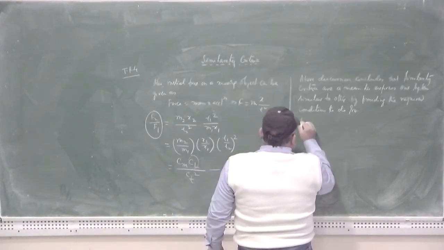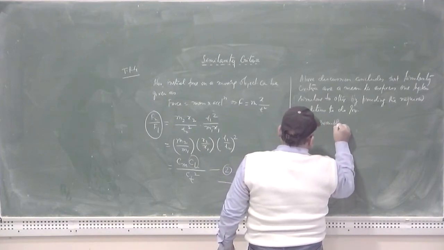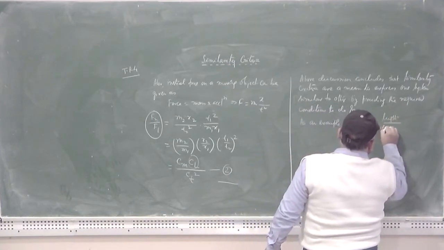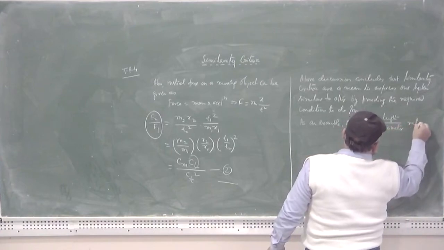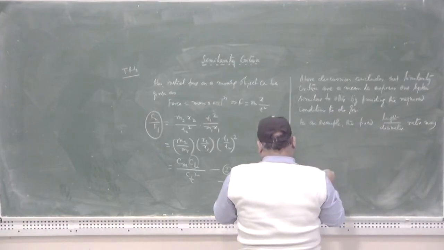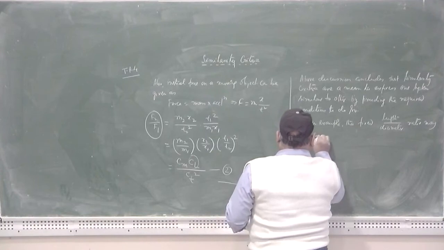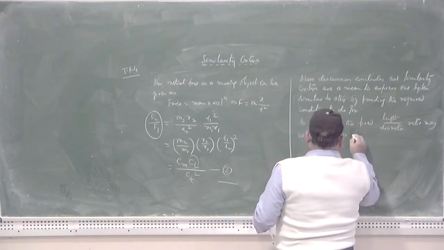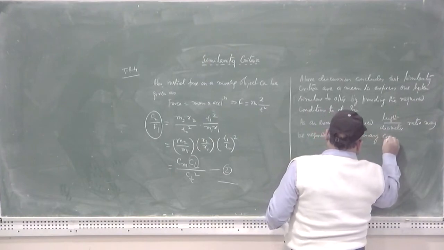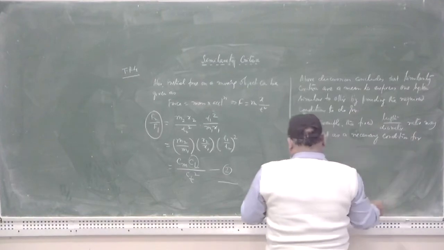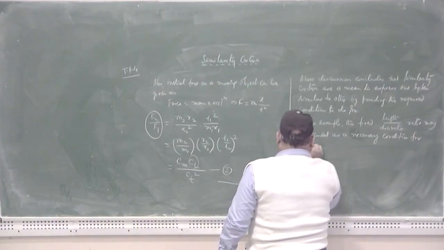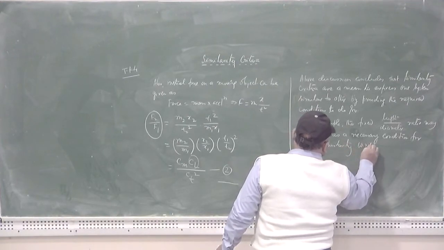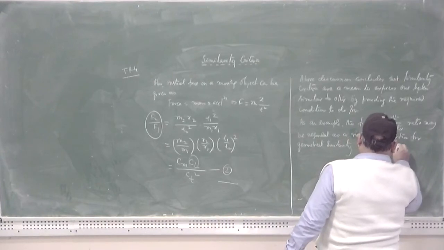So, as an example, the fixed length by diameter ratio may be regarded as a necessary condition for geometrical similarity with respect to a cylindrical system.